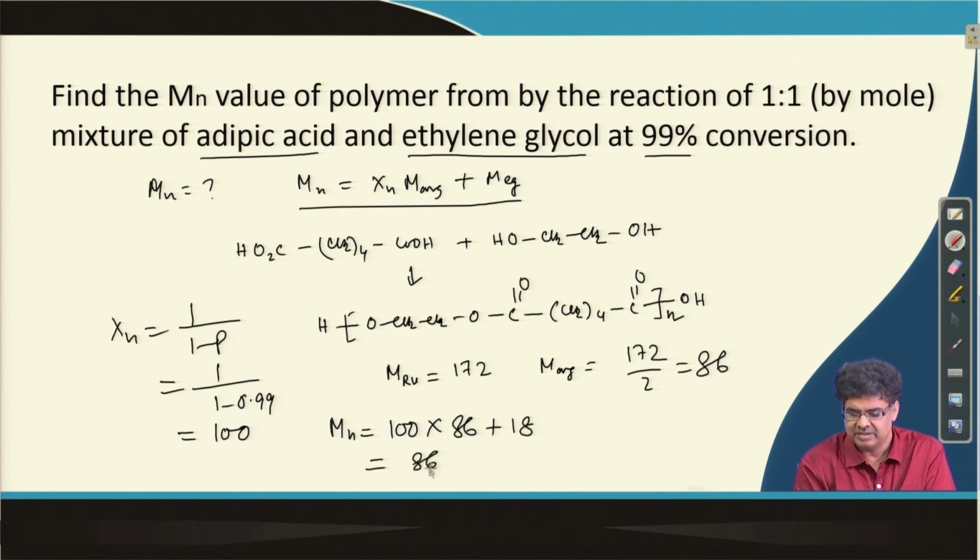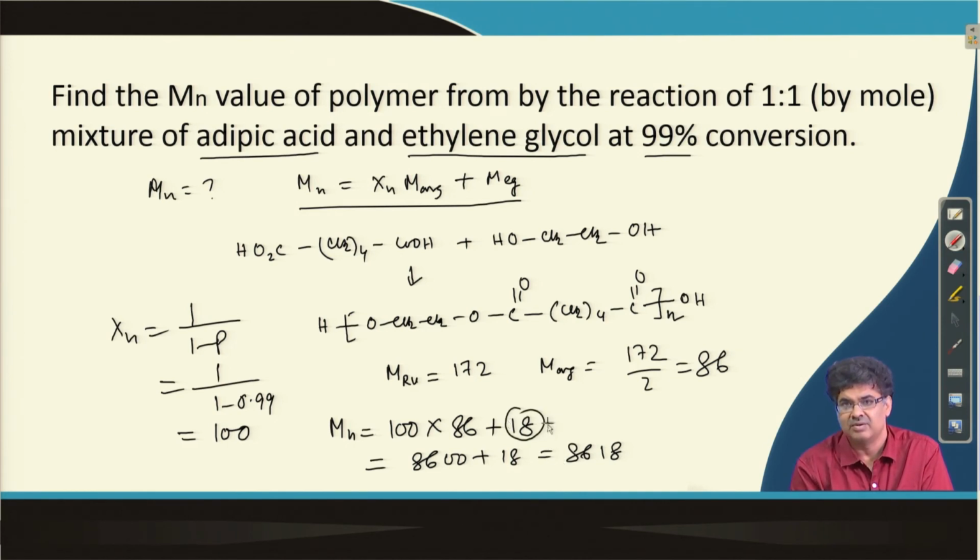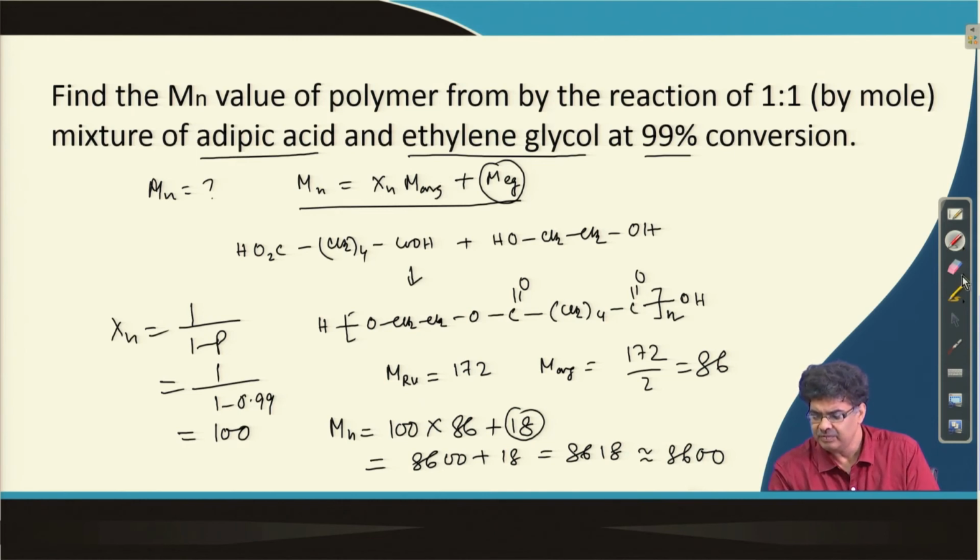So, 8600 plus 18, 8618. Now, in most cases the molecular weight of the end groups is ignored. So, we generally write that this is ignored in most cases. So, this is the example.